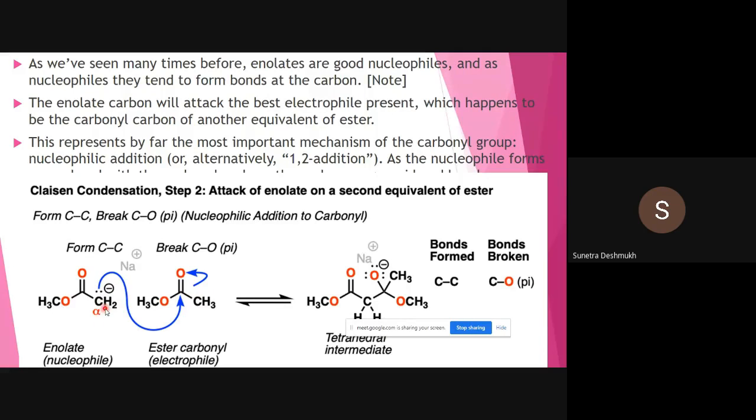The first mole of ester, where we generated the enolate or carbanion, acts as a nucleophile, and this nucleophile adds. So this is 1,2 addition. This Claisen condensation reaction is nothing but a 1,2 direct addition reaction across the carbonyl group.